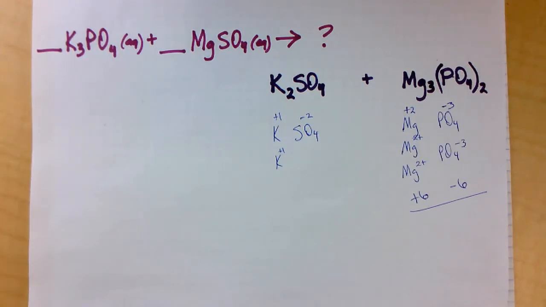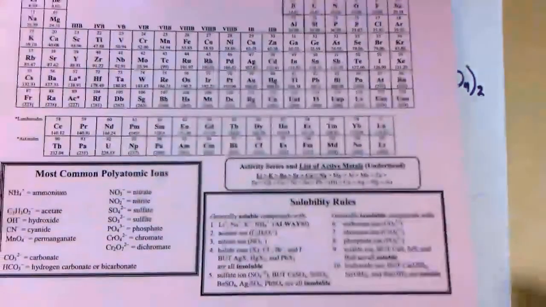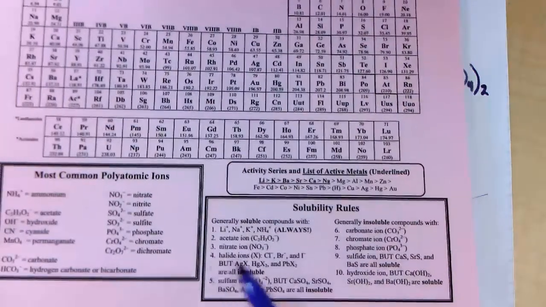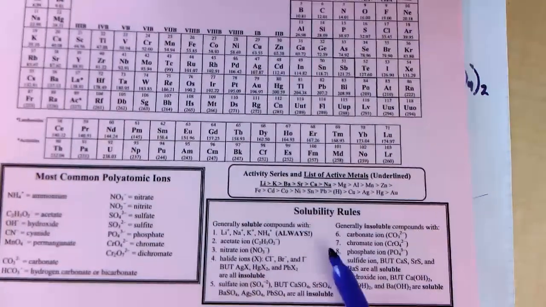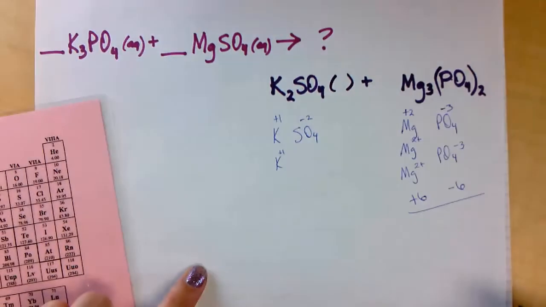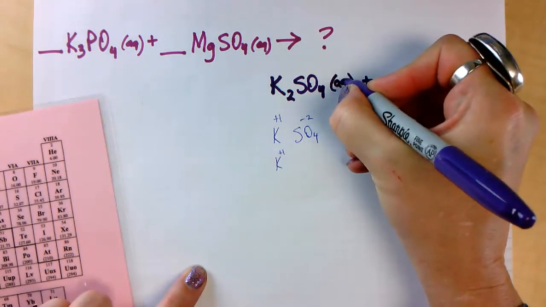Now, the next thing we need to do is figure out our states. So we need to look at our solubility rules. We are looking at K2SO4. So we're looking at sulfate or potassium, whichever we find first. Rule number 1, potassium compounds are always soluble. So what does soluble get in parentheses? You're correct if you said an AQ.